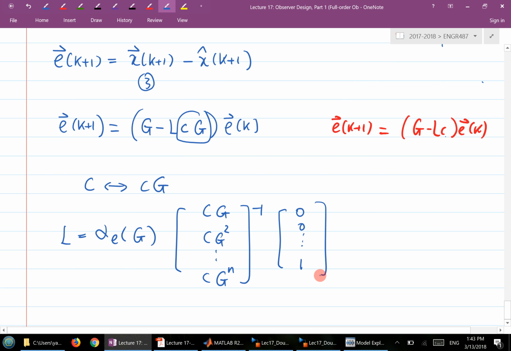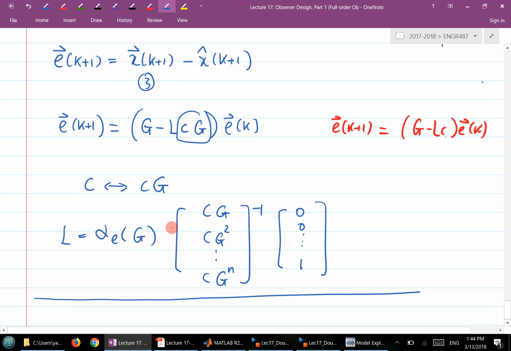That's the L matrix if you design this so-called current type of observer. Calculation-wise, it's not too bad, and you can certainly plug in the matrix values and then calculate the L. So that's all about full order observer design.